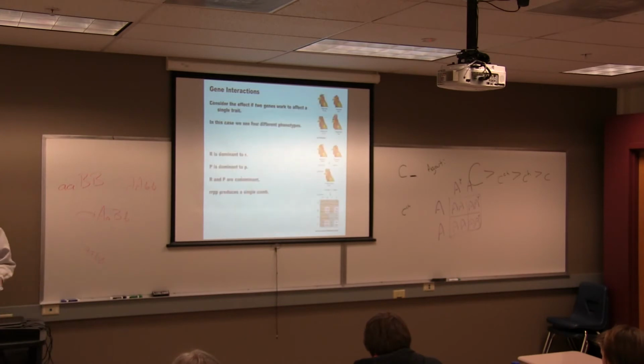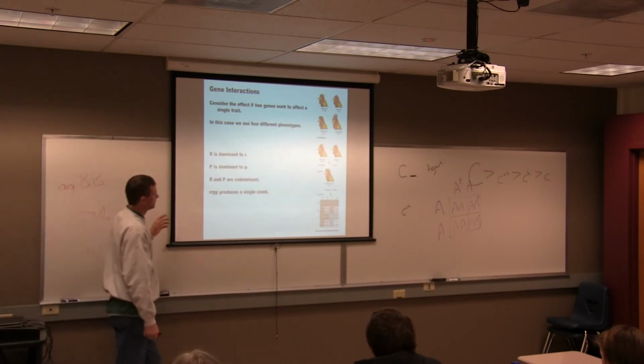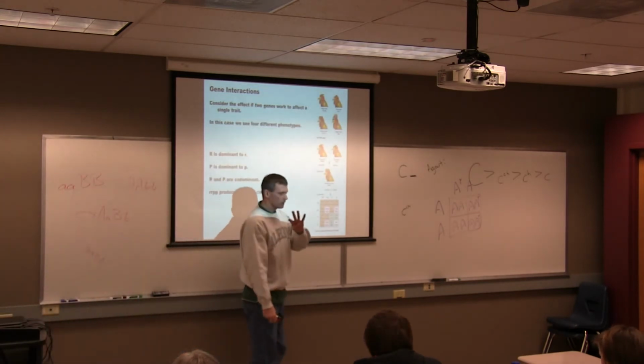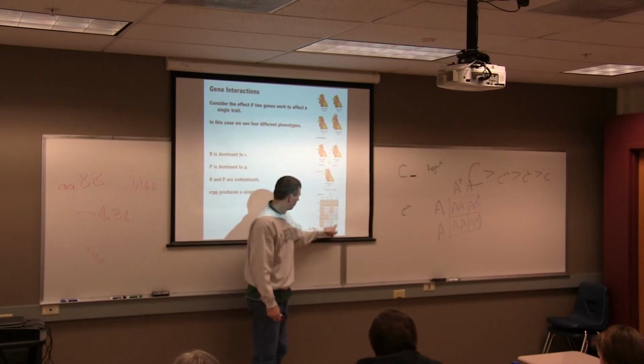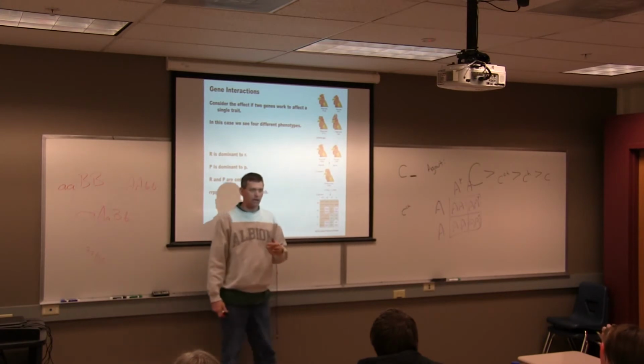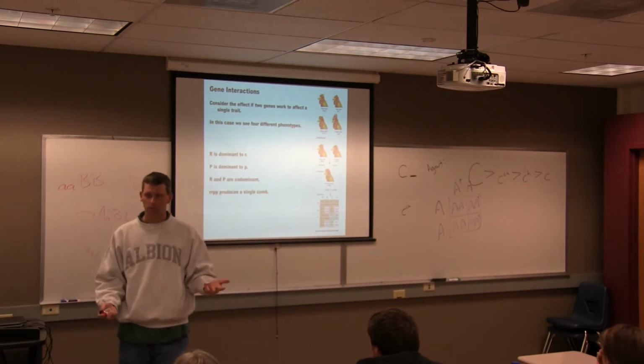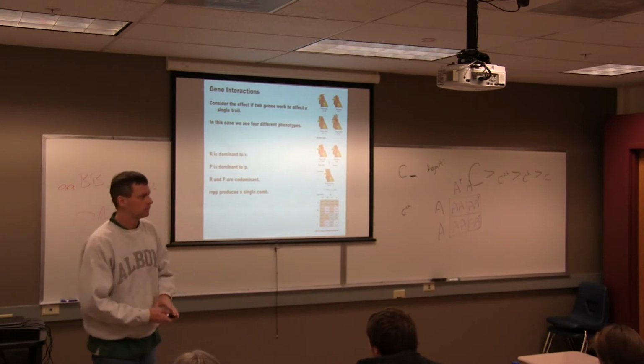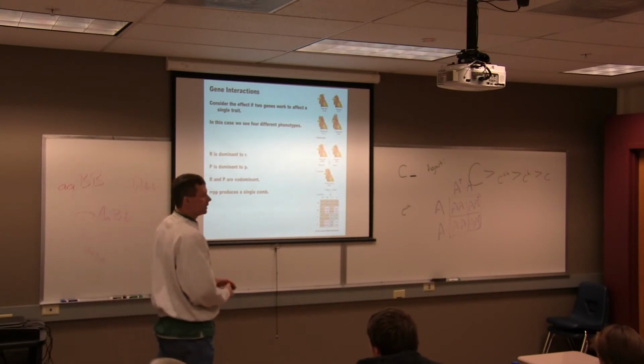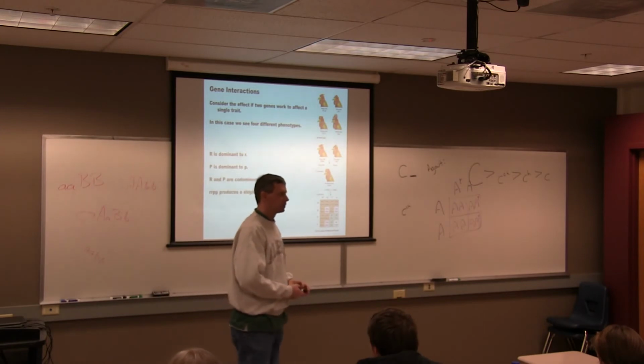Another classic example is in the chickens here, in the hens. You can get 4 different phenotypes: 1, 2, 3, 4. But it's a 9:3:3:1 ratio. It's just a dihybrid cross. So in humans, there are multiple genes that affect eye color.